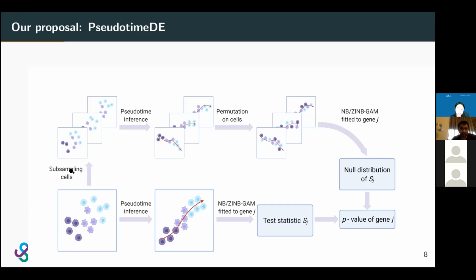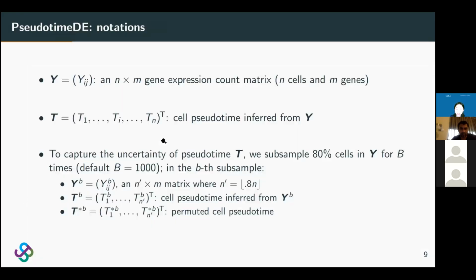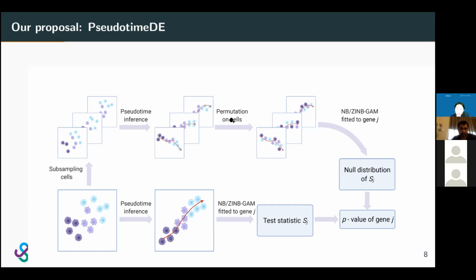We set the subsample proportion to be 80%, which seems to be reasonable, and we check the robustness of that. Then on each subsample, we perform pseudotime inference to obtain the pseudotime, and to make sure that in these subsamples there's no association between pseudotime and gene expression, we permute the cells within each pseudotime. After the permutation, we basically disrupt the association between pseudotime and gene expression.